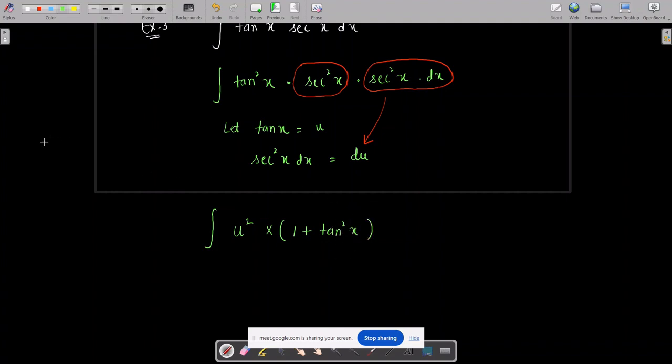I hope you have heard of this rule. In the next class, I'll tell you the proofs of all of these identities. And secant square x dx becomes du.